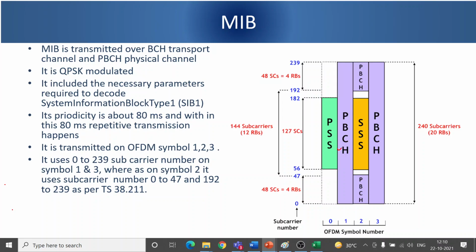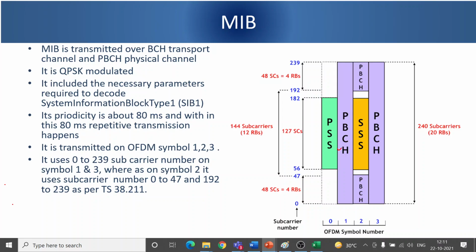Whatever information you gather from it will give you a heads up for other system information like SIB1, system information block type 1. And this PBCH information is transmitted every 80 milliseconds, so it's a repetitive transmission. Once you have decoded PSS and SSS, every 80 milliseconds you can decode this PBCH, so it will be able to decode the next set of information to latch on, right?